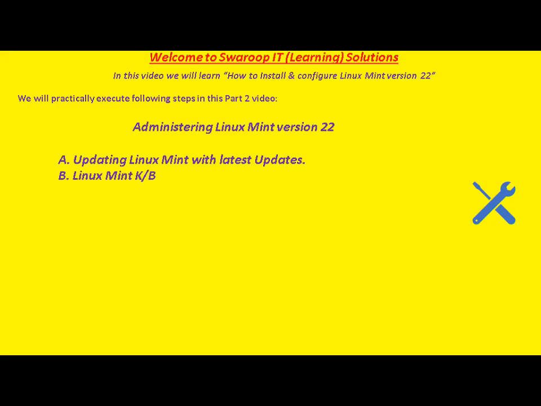Next is Linux Mint keyboard shortcuts, how to configure your own customized keyboard shortcuts through Linux Mint. And the last one will be Windows Share access through Linux Mint, how to access a Windows Share and how to make it map automatically through Linux Mint. So let's start.